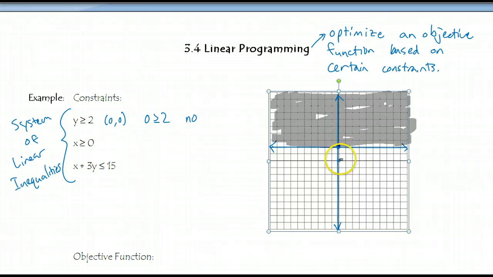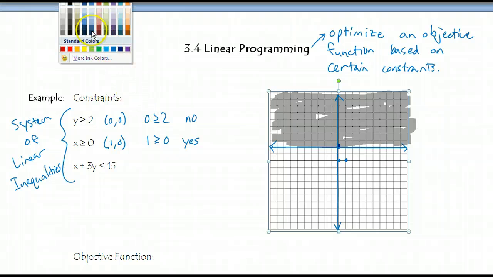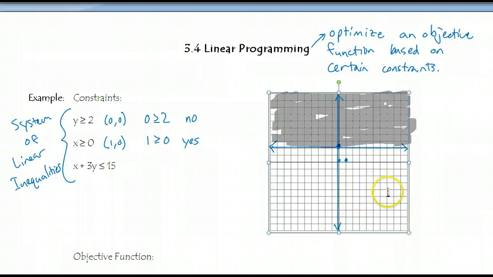Well, 0, 0 is on the line, so I'm going to test a point not on the line. I can pick any point, but this point right here will be easy to test: 1, 0. So I'm going to plug 1 in for x, and I end up with a true statement. So I want to shade to include the point 1, 0. So I'm going to shade to the right of this line.